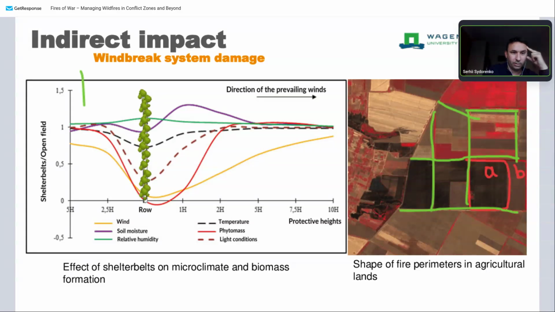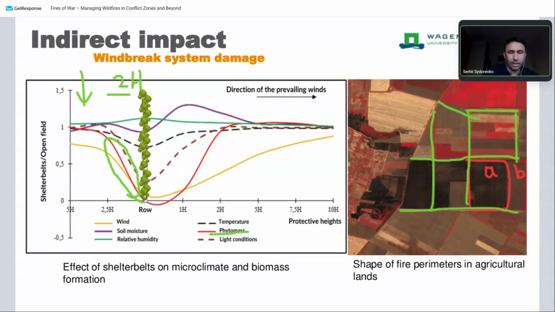So wind decreased a lot, so potential fire behavior will also decrease, and fire spread will also be a little bit increased. Also important to see that the phytomass is also decreasing when we approach a windbreak, and usually this effect we can see up to, I think, two heights of a stand.